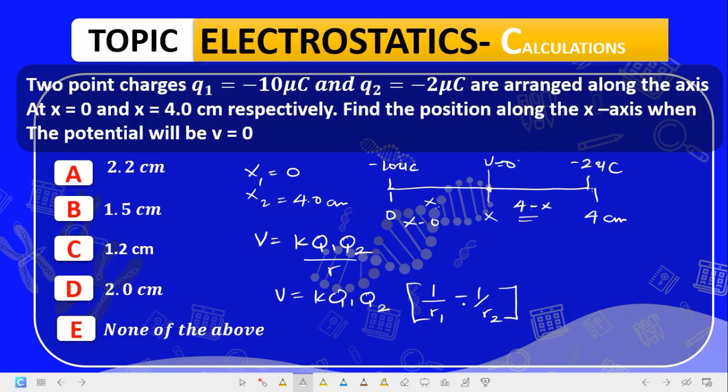This is the formula we are going to use to solve this problem.